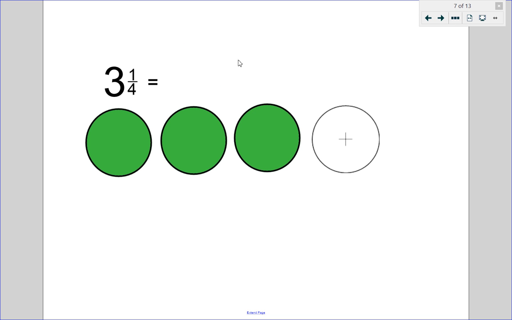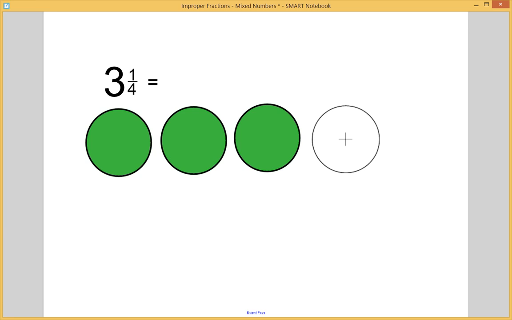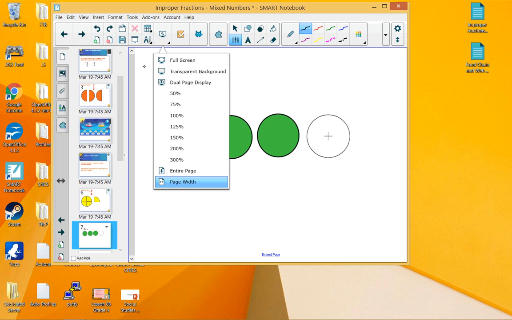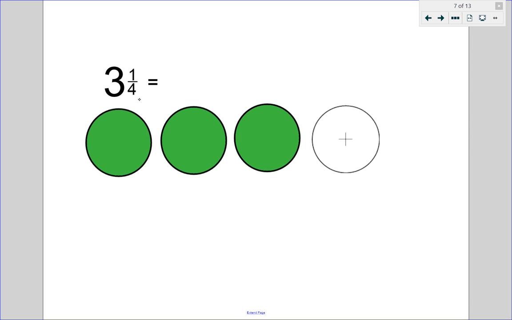Now here's a situation. 3 and 1/4 equals blank as an improper fraction. So we have a mixed number written, and we're going to look at what it looks like if we make it an improper fraction. We start by looking at the denominator.